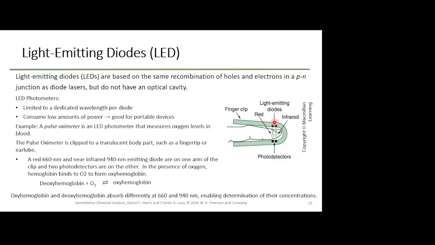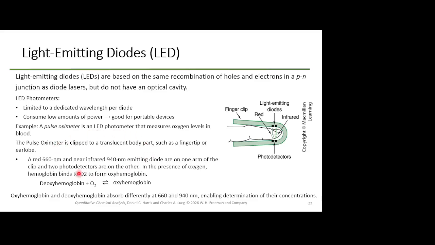The pulse oximeter is actually a device that you clip to a transparent part of your body, like a fingertip or an earlobe. It emits 660 nanometer red light and near-infrared 940 nanometer light from diodes on one arm of the clip, and has 2 photodetectors on the other.